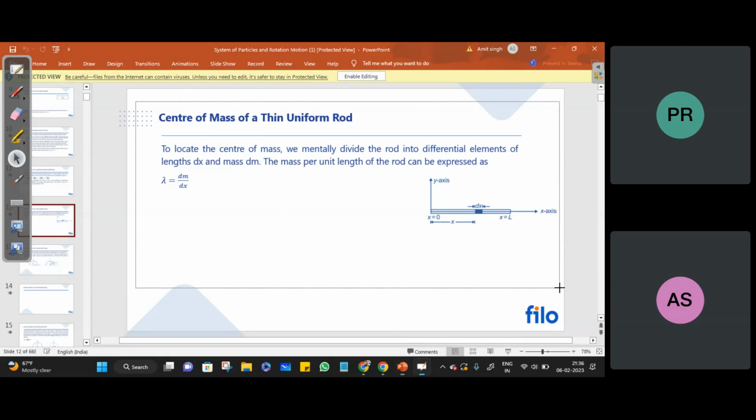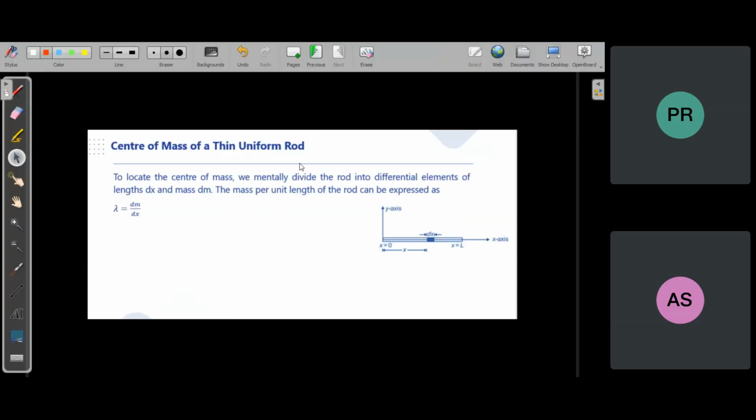So first of all, you will choose one element and then you will use the formula of the coordinates of the center of mass. You already know that x coordinate of center of mass is given by integration x dm divided by total mass, integration of dm. Instead of m1 x1 summation, you are doing integration x dm.